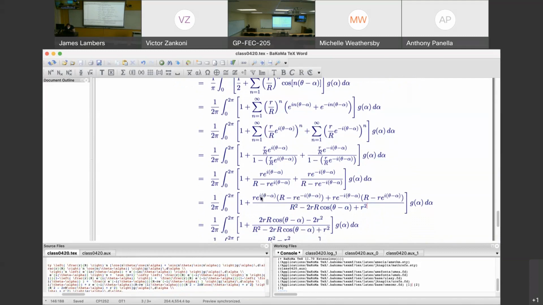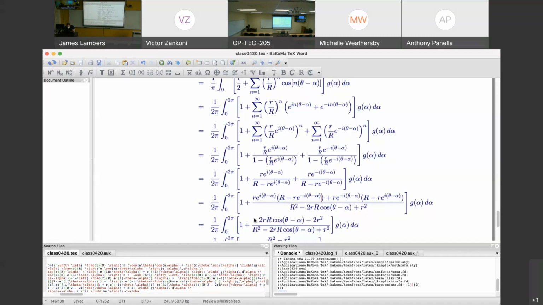Like here we have e to the i (theta minus alpha), and here we have e to the minus i (theta minus alpha). So this times this will cancel in this term. And then here we'll still have e to the i (theta minus alpha) and e to the minus i (theta minus alpha), but the sum of those two is going to give us 2 times cosine.